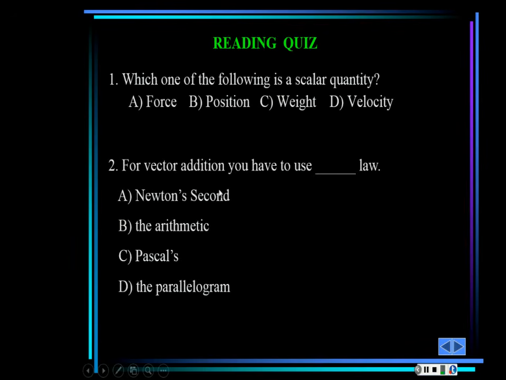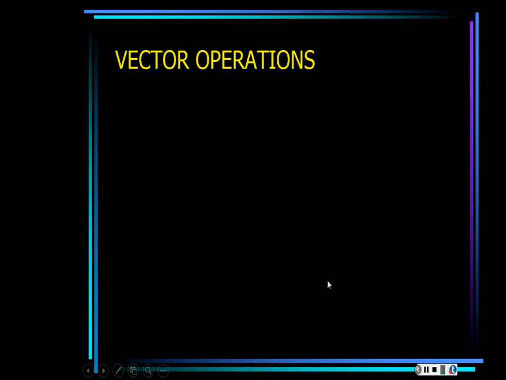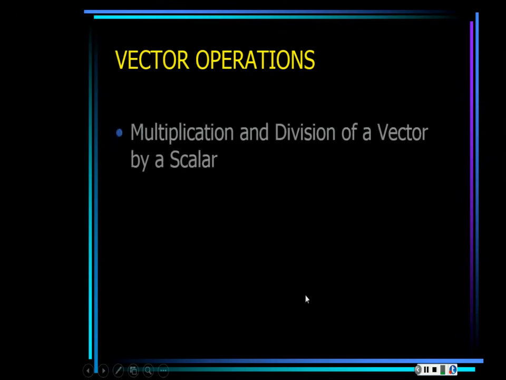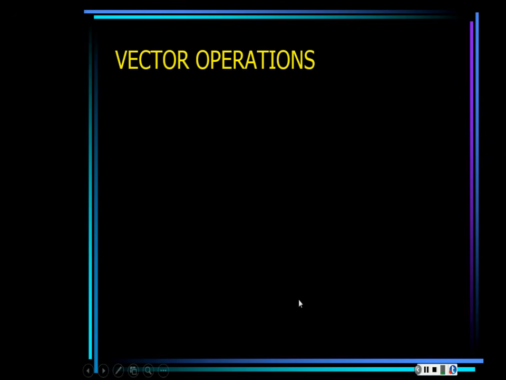For a vector addition, you use Newton's second law? No. For vector addition, we use the parallelogram law. Okay. Vector operations. You are experts in vectors, so you say. You learn how to add vectors, right?